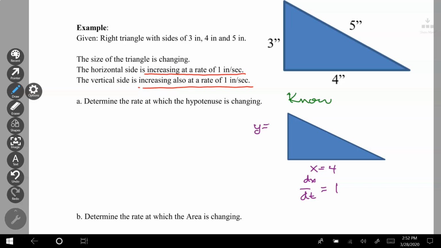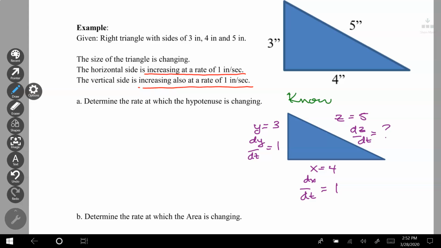My side y is equal to 3, and the rate of change of side y, the dy over dt, is also equal to 1 inch per second. And side z, the hypotenuse, is equal to 5, and the dz over dt is unknown to me. I do not know that.